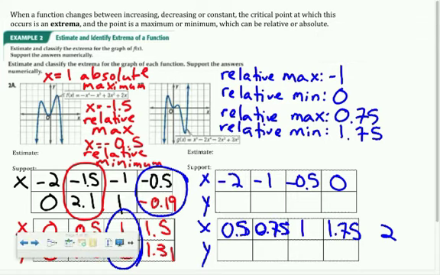I start with -2. So -2 to the 5th power minus 2 times -2 to the 4th power minus 2 times -2 to the 3rd power.